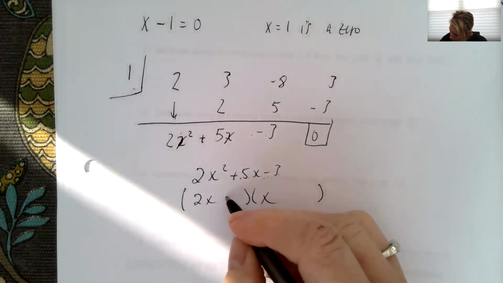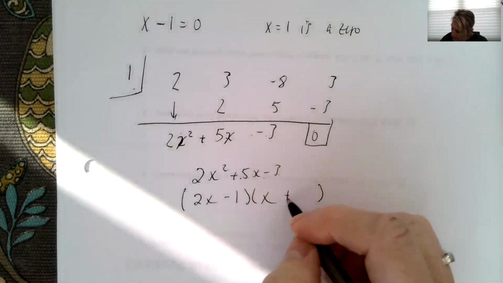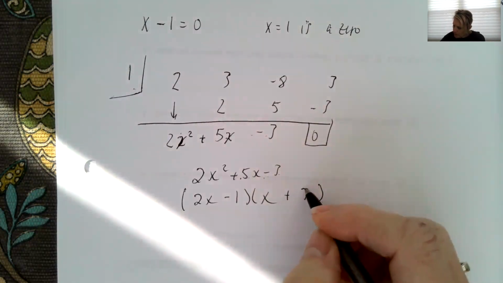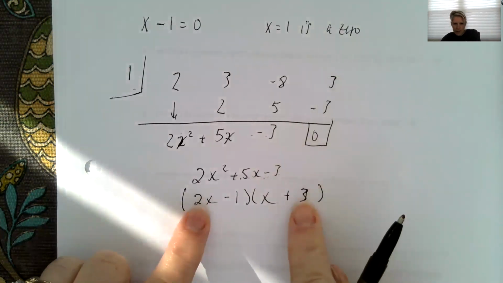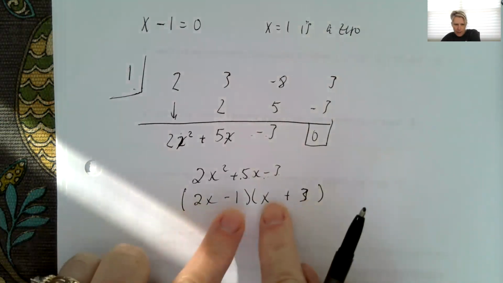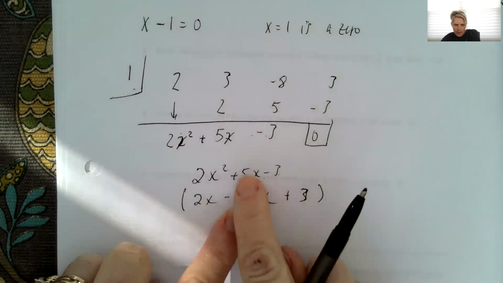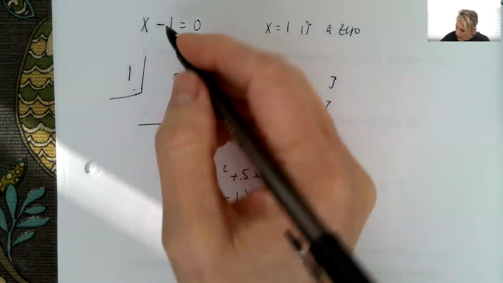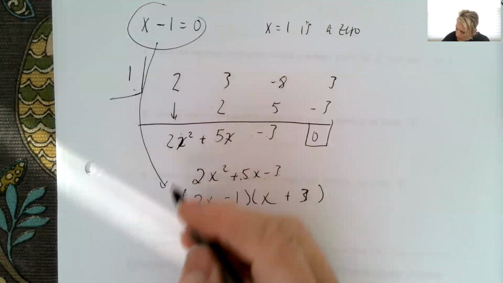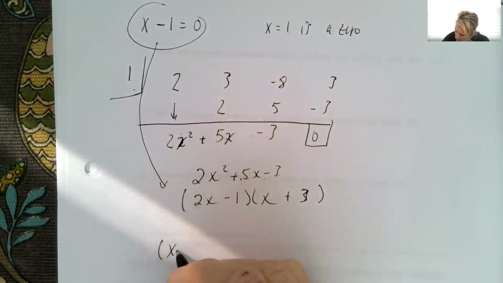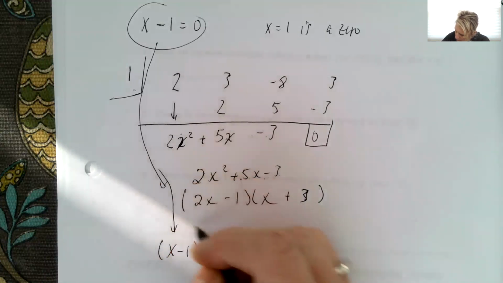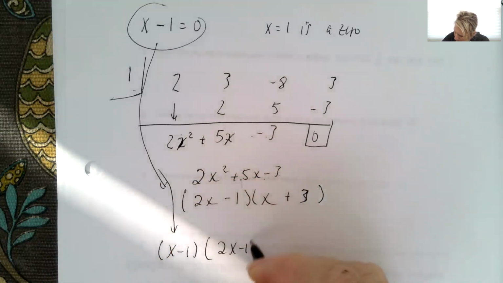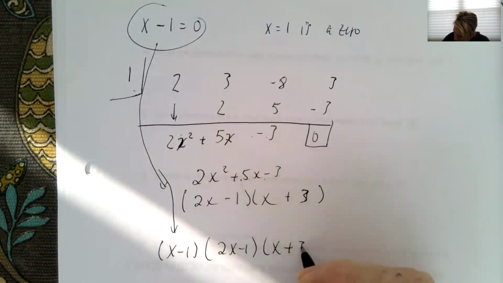I'm going to do a negative 1 and a positive 3. So these multiply to 6x minus 1x gives us a positive 5x in the middle, and this is a minus 3. Then this has to come down. So our final is x minus 1, and then 2x minus 1 times x plus 3.